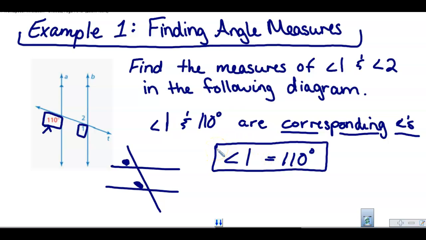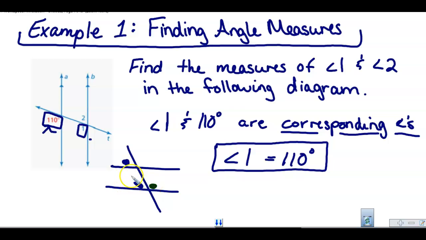All right, now taking a look at angle 2. What do we know about angle 2 and 110 degrees, or maybe angle 1? We have to find a relationship between angle 2 here now. So again, looking at it horizontally, we can all turn the paper. Okay, angle 2 sits right here.